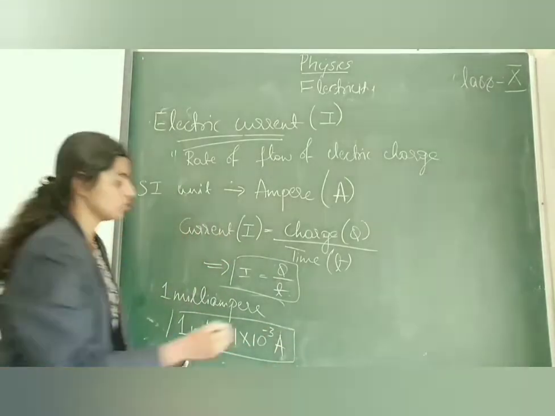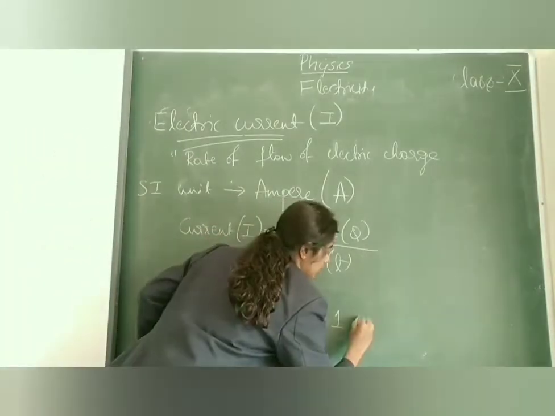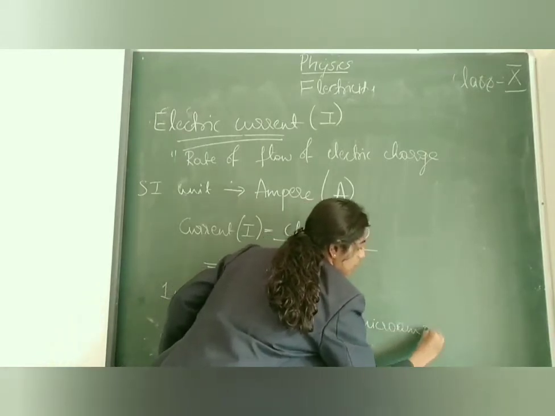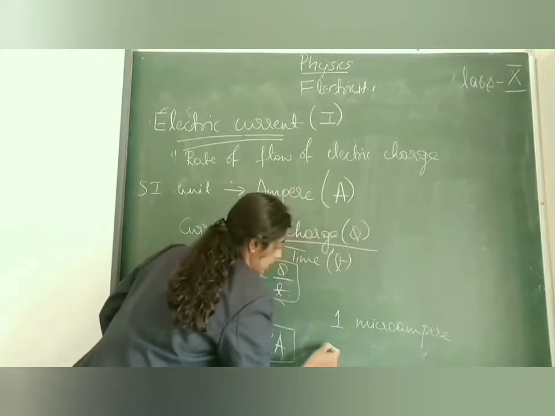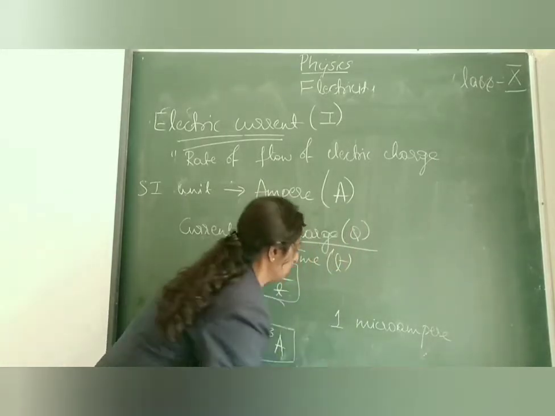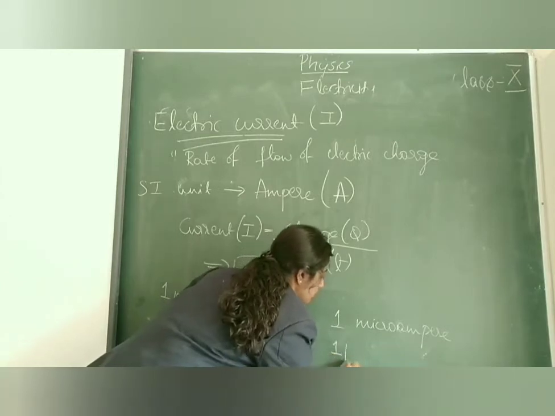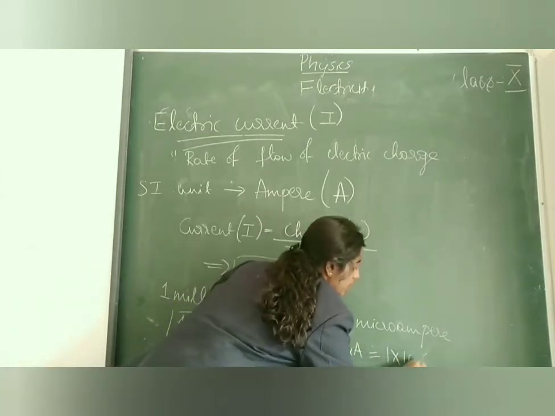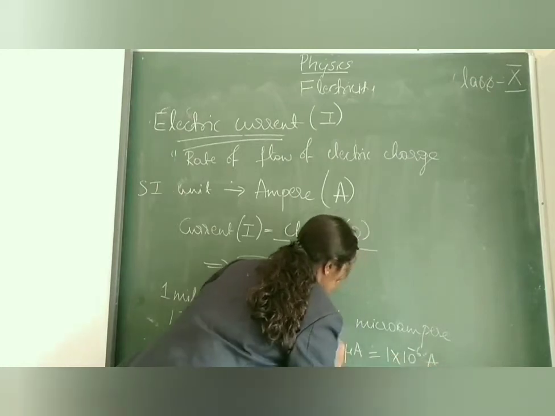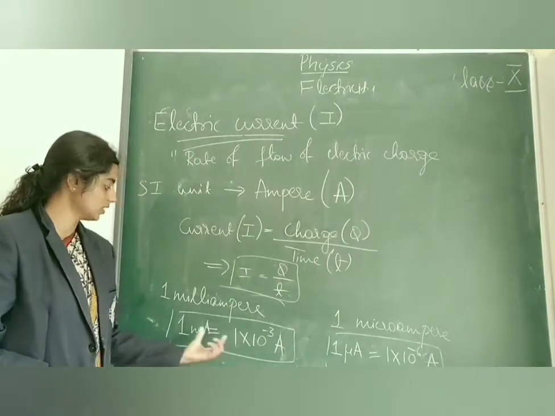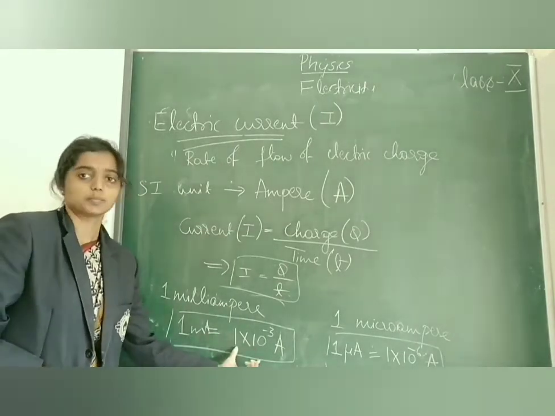And what about micro? 1 microampere, the symbol is small mu, is equal to 1 into 10 to the power minus 6 ampere. They may ask you for 1 mark, so remember the symbol as well as the number.